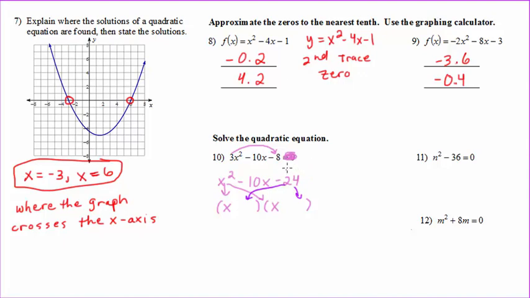But we've got to do that in such a way that we are multiplying to get negative 24 and adding, or you could think of it like subtracting to get negative 10. So you might be tempted to use 4 and 6, but we'd have to make both of those negative, and that wouldn't give us negative 24. So instead, we want to use negative 12 and positive 2.